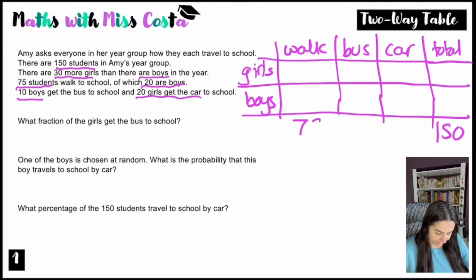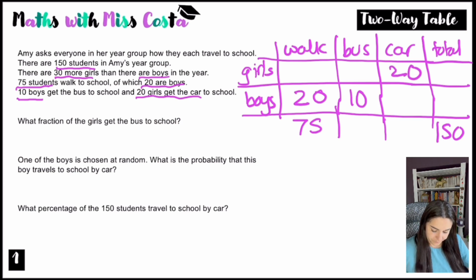And I know that 75 students in total walk to school, of which 20 are boys. So that is the information I can fill in. I also know that 10 boys get the bus to school and 20 girls get a car to school.